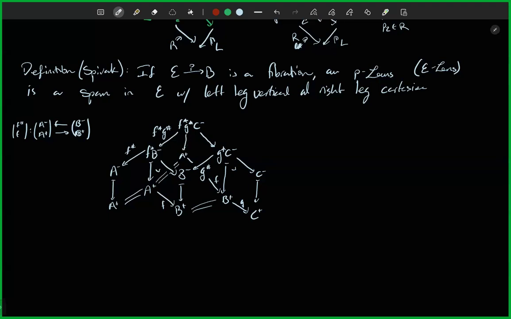And that whole square is a pullback. In other words, the rule for the composition actually gets a little simpler, magically, at the end of it when we look at it this way.